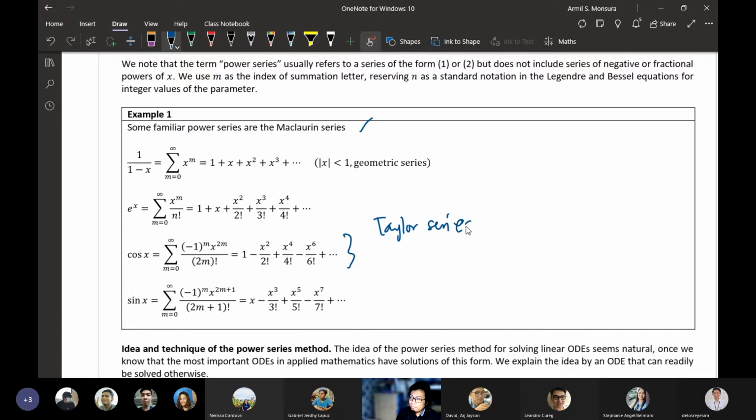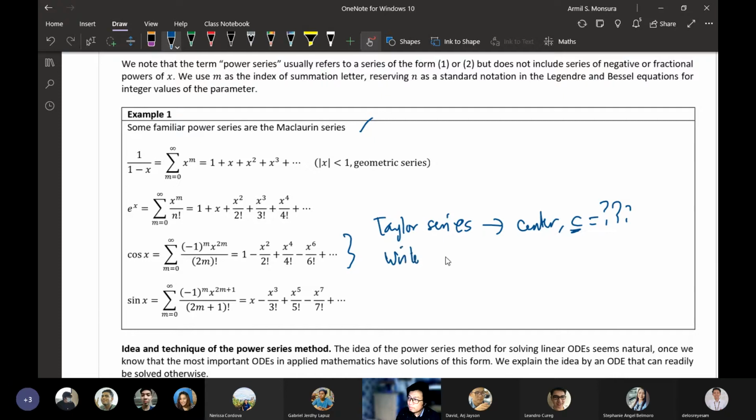unang-una, meron kayong kailangang ibigay na center. Yun nga yung C. So, say for example, that center is C, no? Okay, so may bibigay siyang center. Now what you will do is you will be asked to write a Taylor series equivalent, for example, of cosine of x centered at C. So parang ganito yung problem.